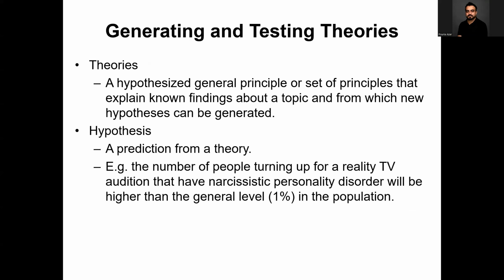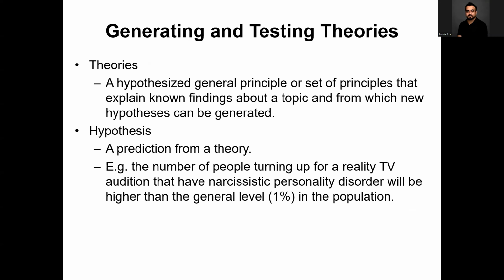For example, the number of people turning up for a reality TV audition that have narcissistic personality disorder will be higher than the general level, 1% for instance, in the population. So this is a hypothesis. We generated a prediction from a theory.